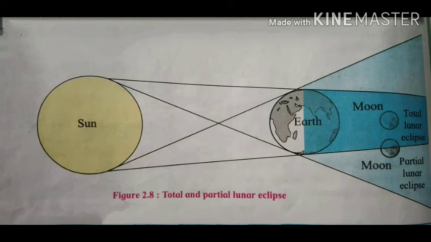On full moon day, the moon's path of revolution passes through the thick shadow of the earth. If the moon is totally hidden within the shadow, we see total lunar eclipse, and if only a part of the moon is in the shadow, we see partial lunar eclipse.